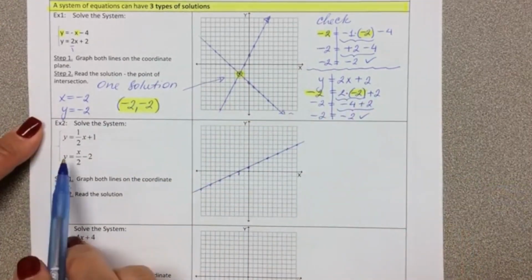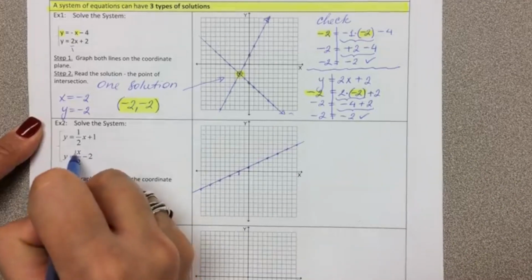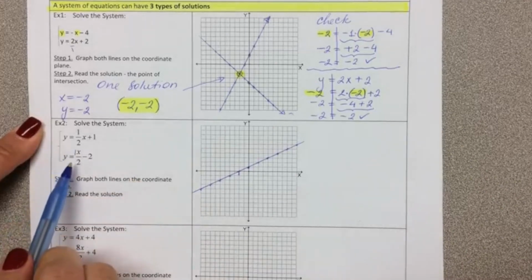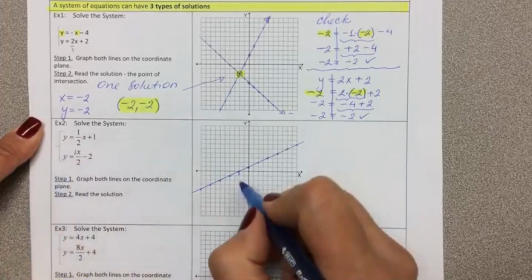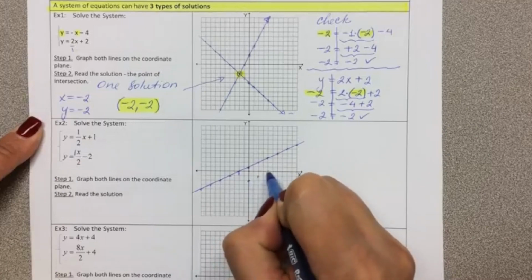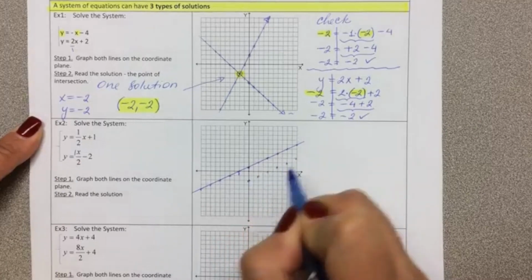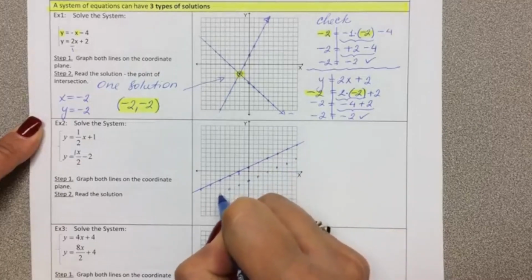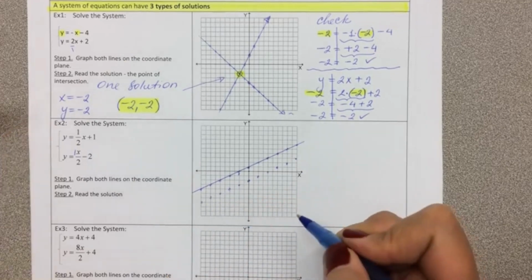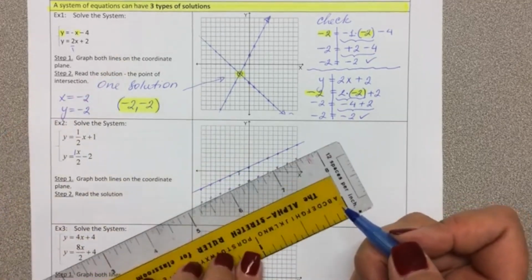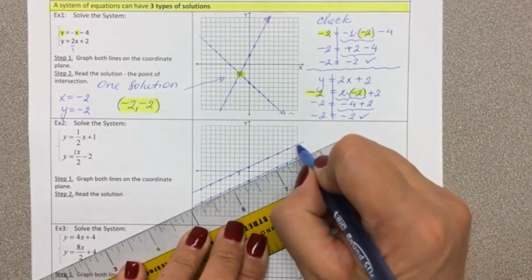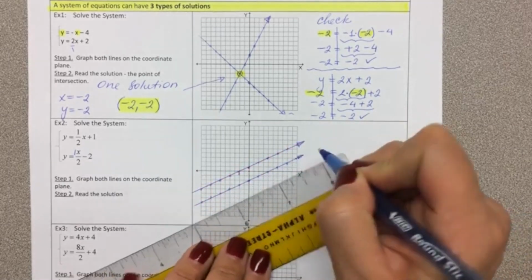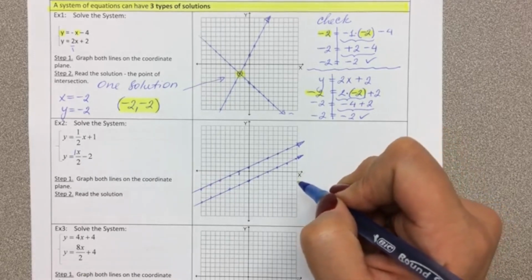It's written as x over 2, but it has that hidden coefficient 1, x over 2, which makes the slope half, and this line goes through negative 2. So the line is going the same direction as the first one. First line has slope half and second line has slope half. That means both lines go the same direction and they will be parallel to each other.